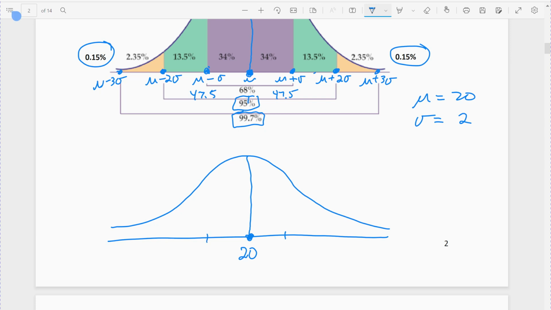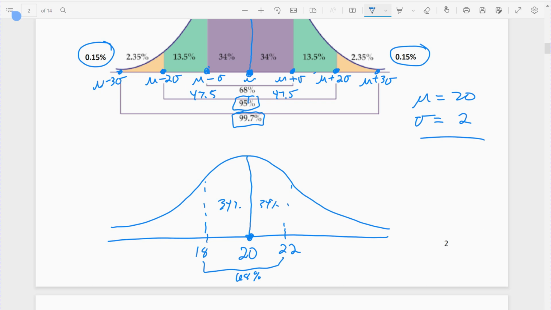If I go 1 standard deviation, I add 1 deviation and subtract 1 deviation, so adding 2 puts us at 22, and subtracting 2 puts us at 18. That would be the 68% that lands there, 34% and 34%.